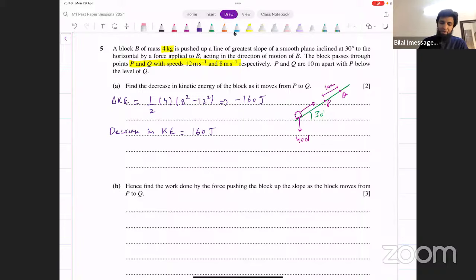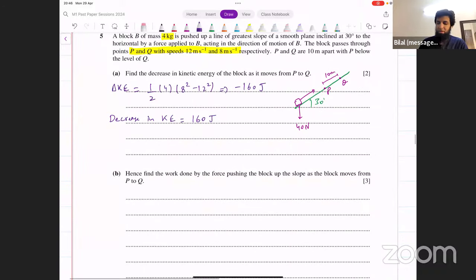Now it says, hence find the work done by the force pushing the block up the slope as the block moves from P to Q. Now that should remind you of something. They've asked you to calculate the decrease in kinetic energy, and then the work done by the force. Which equation connects these things?